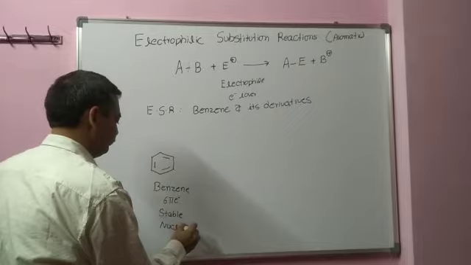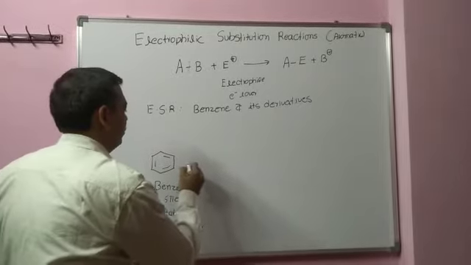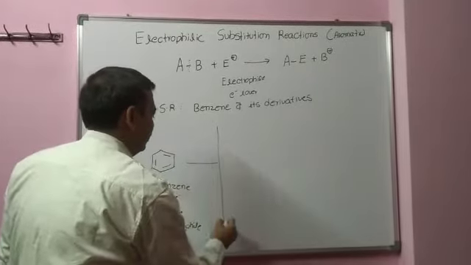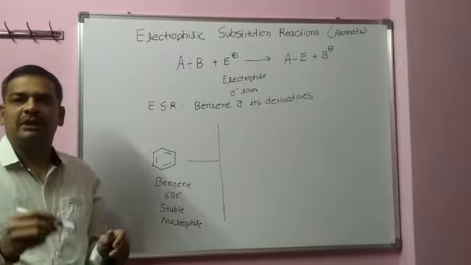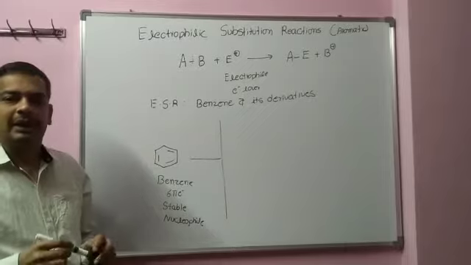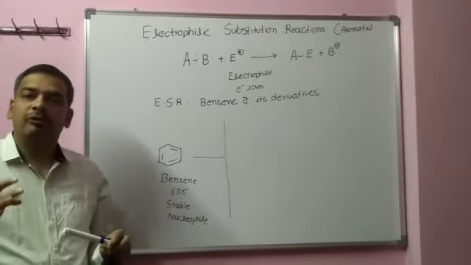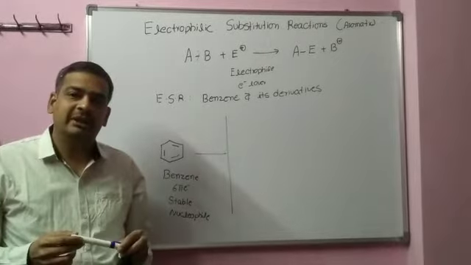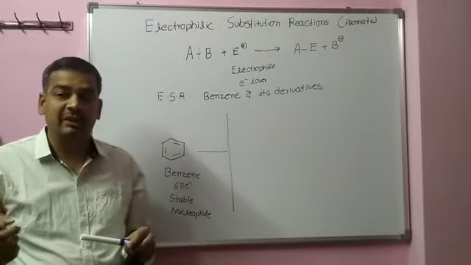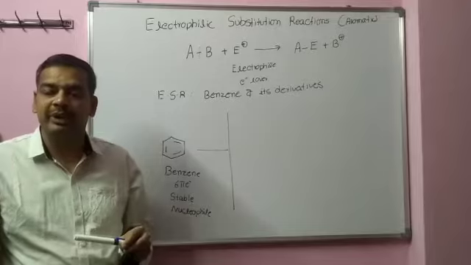Now, before starting, what is our topic? Benzene undergoing electrophilic substitution reaction. So why does benzene undergo electrophilic substitution reaction? Why not nucleophilic substitution reaction? Why not electrophilic addition? Why only electrophilic substitution reaction?